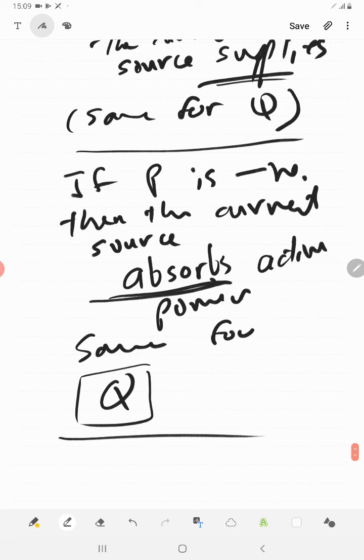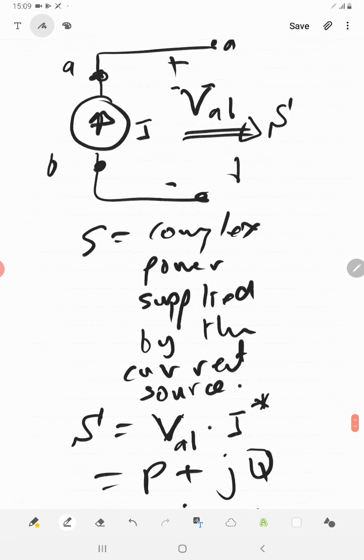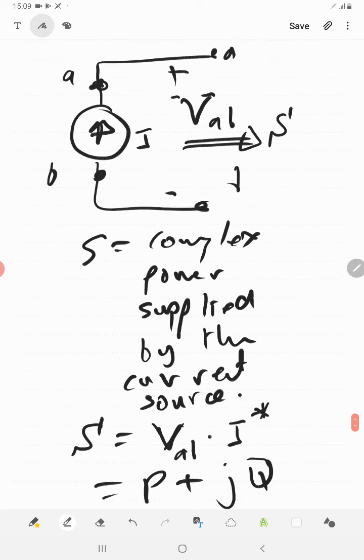So basically, if we determine the complex power supplied by a current source or a voltage source, we take the output from this source, the current which is going out from the current source or the voltage source, take the conjugate of that, and multiply it by V. That will give us S supplied.